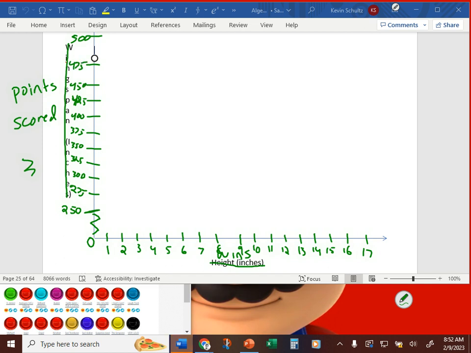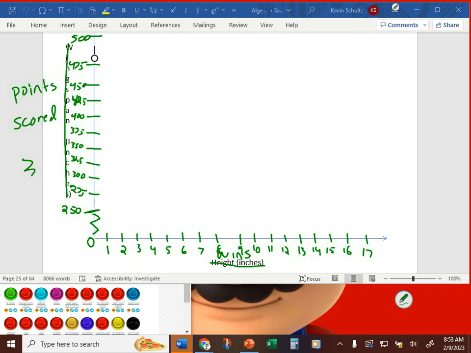So if you've never made a scatter plot before, basically we're using our wins as the x value and the points for, or points scored, as the y value. So our first point there, the Chiefs, 14 wins, 496 points.